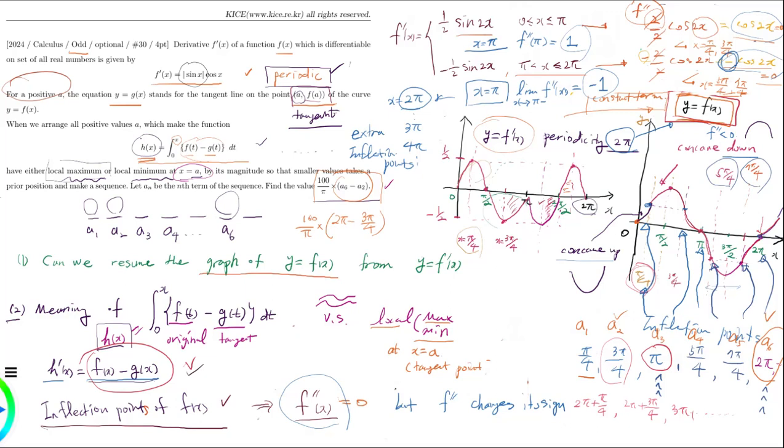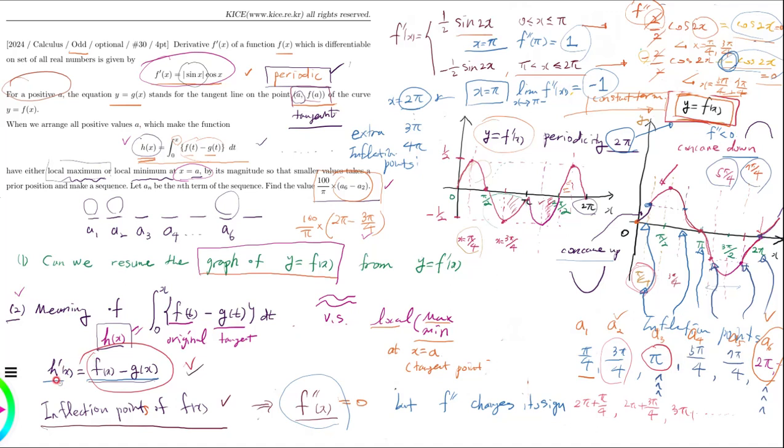So let's summarize this problem. This problem could give the test takers extra difficulty because first, it's rather not straightforward to recover the original graph f of x from its derivative. That's the first one. And then second, it's not easy to figure out the meaning of the function h of x.